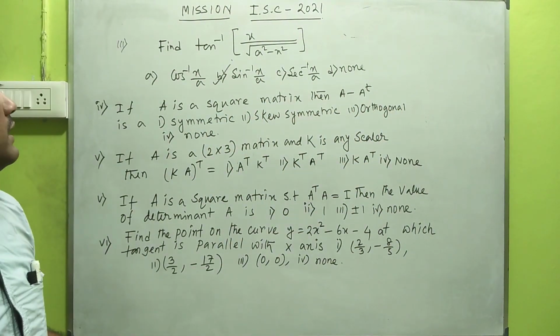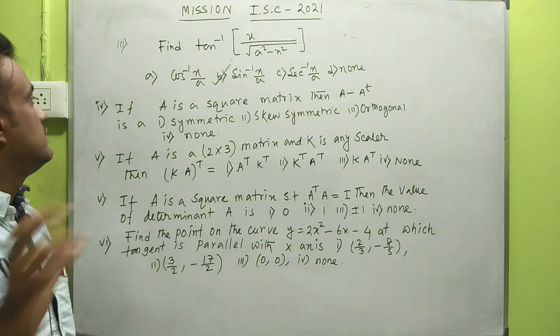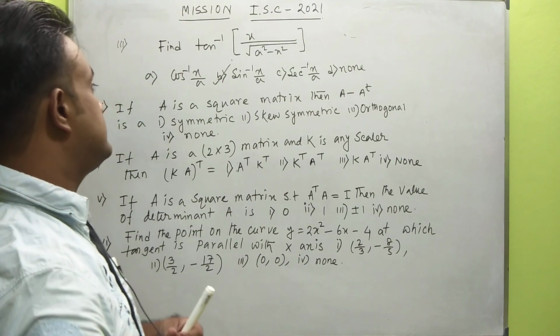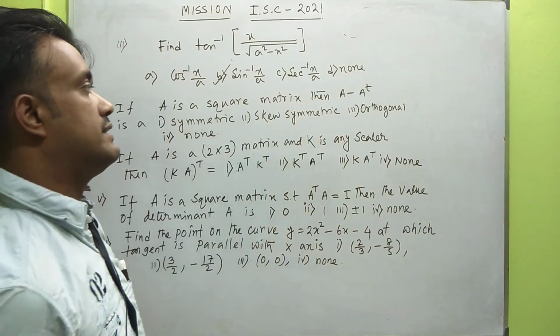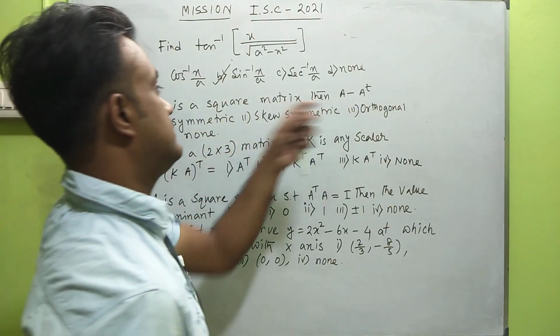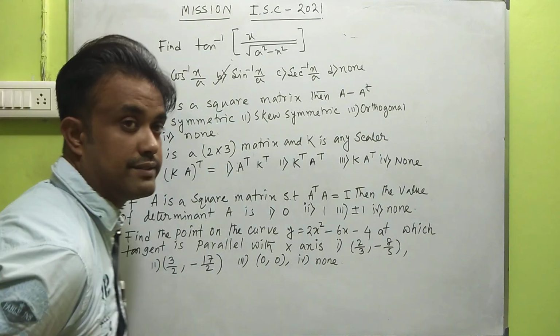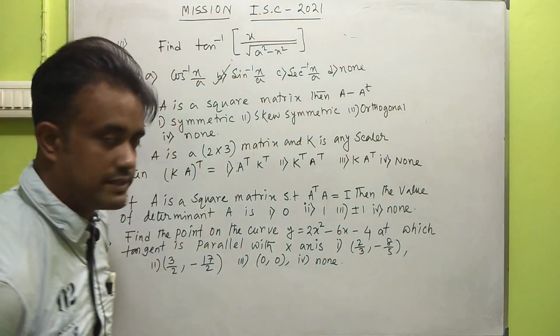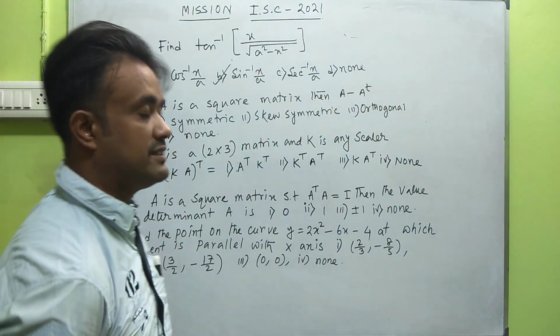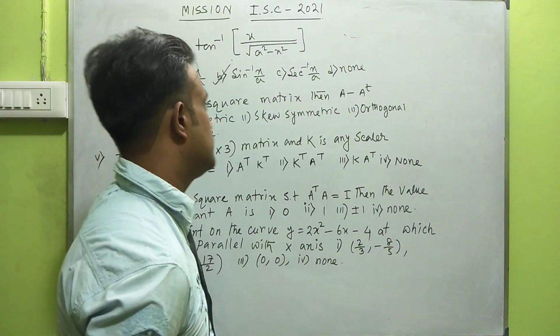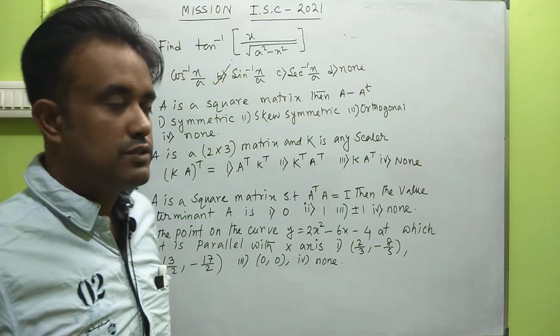Now in the fourth sum, A is a square matrix, then A minus A transpose is symmetric, skew symmetric, orthogonal, or null.